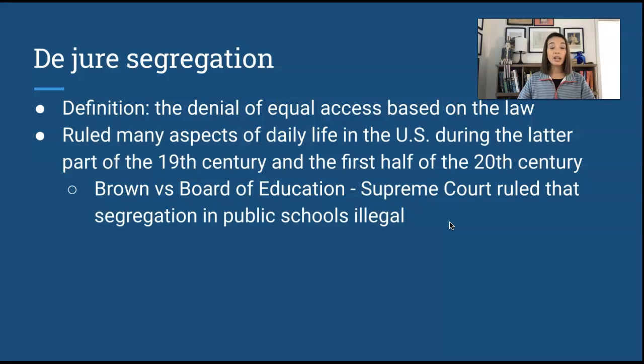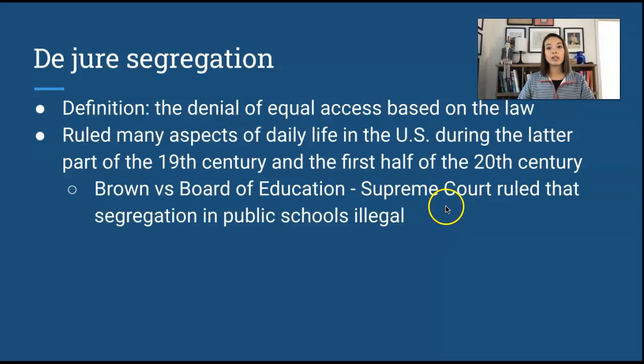Now, if you've taken a U.S. history class, you most likely have come across the landmark court case of Brown. Since this isn't a history class, this is a sociology class, we're just using it as an example instead of studying it like we would in a history class.